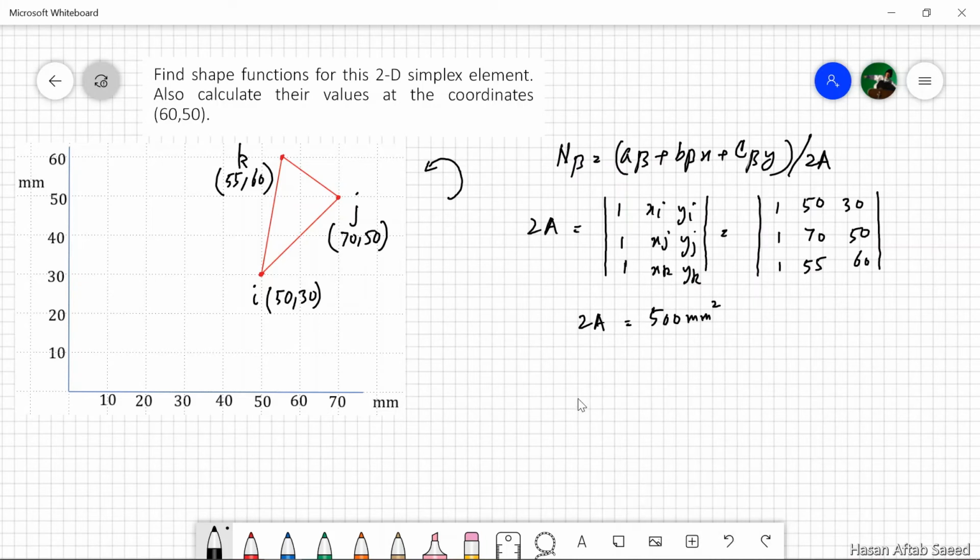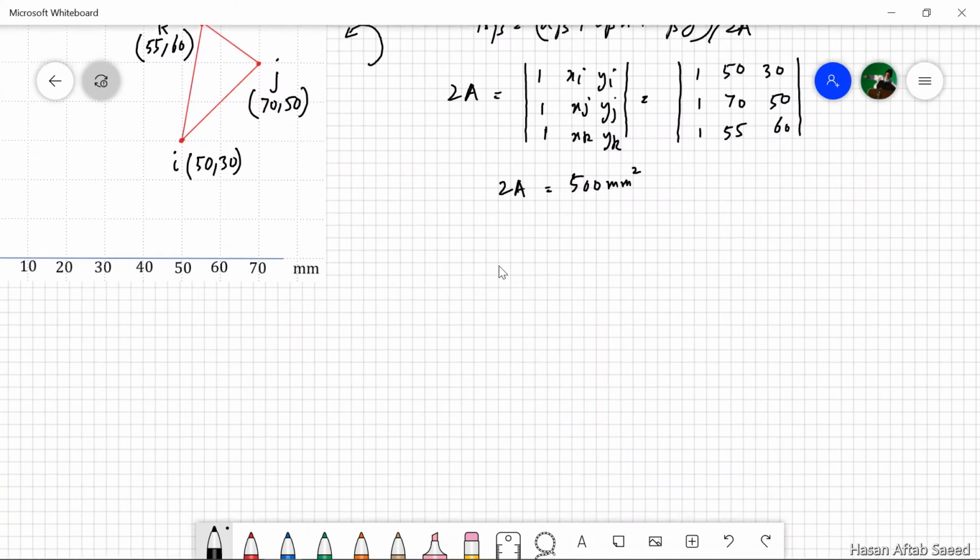Now let's calculate the a's and the b's and the c's. Let's recall our expressions for a, b and c. X column, then y column. This is I, so it's j, j, k, k. Now just put in the values 70, 50, 55, 60.